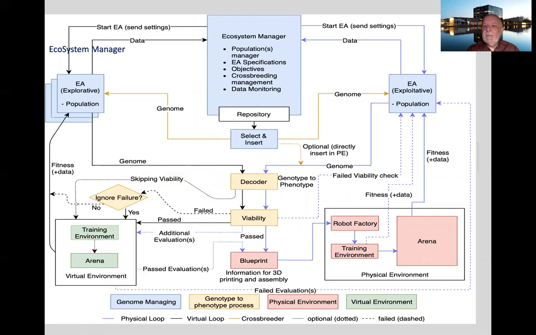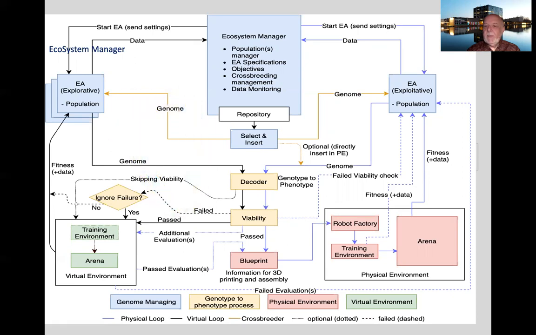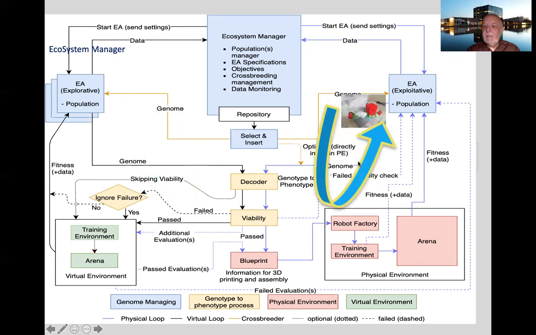Can we actually build the robot design that evolution has come up with? When everything's in a virtual environment, that's not something that's normally looked at, but in this environment it is. So the virtual environment is that way. If we look on the right-hand side, this is the physical environment. And what's happening down here is that the blueprint that comes down from the ecosystem manager and the evolutionary algorithm is then put into the robot factory to be built.